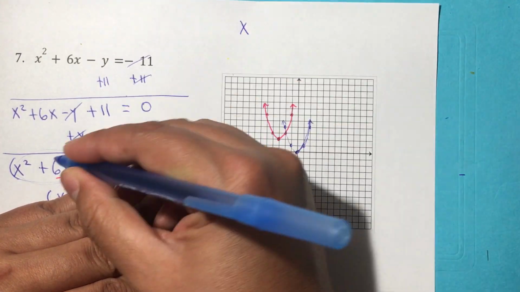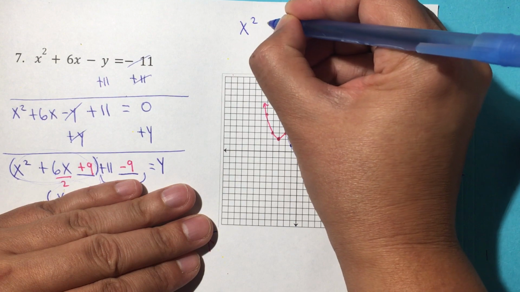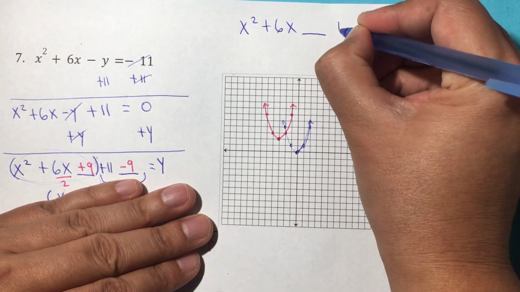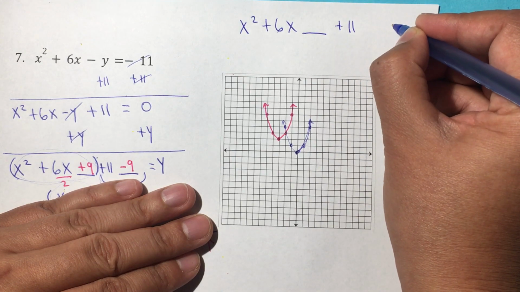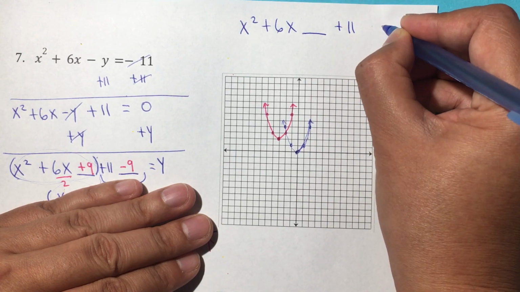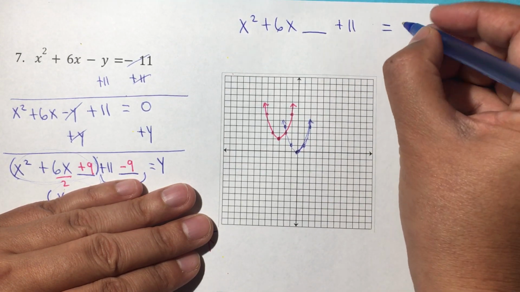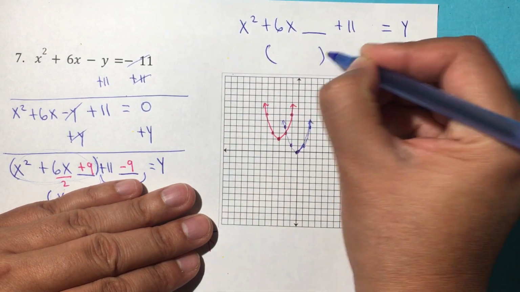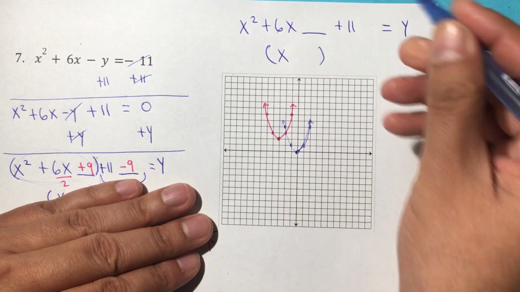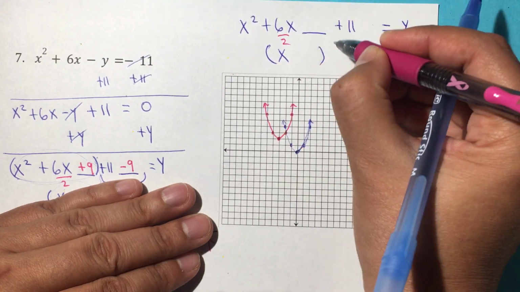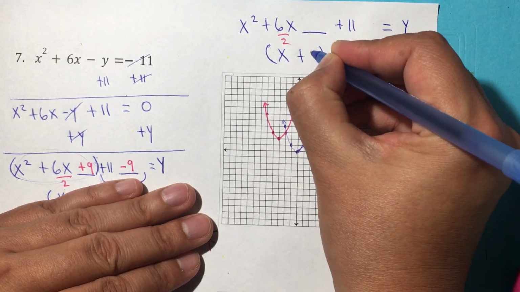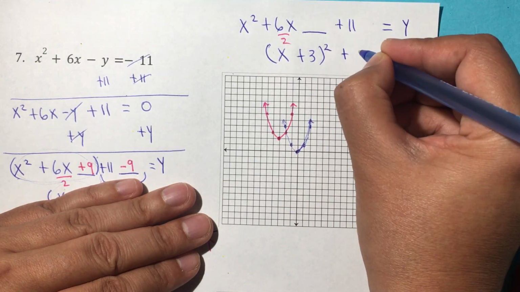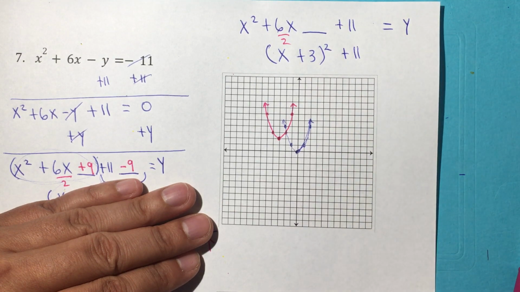So if I have just that step, x squared plus 6x plus 11, and then I put equals y, okay? So if I decided to do it this way, I put x, I divide that by 2, which gives me 3, and that's squared, plus 11 so far, right?